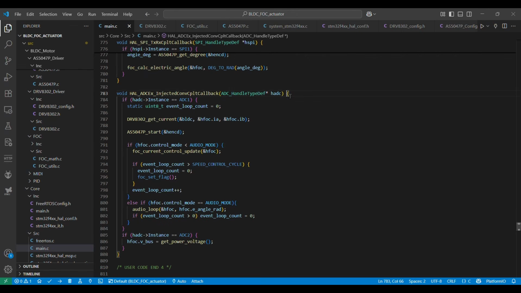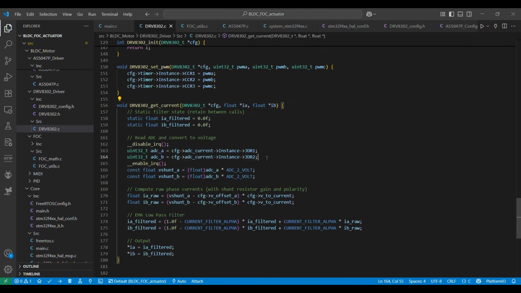To read the current, I created a callback function that is automatically called when the ADC finishes reading the data. Since the ADC trigger is synchronized with the timer, the current reading will always occur when the low-side MOSFET is on. The raw ADC value is converted to current and equipped with a low-pass filter to reduce noise.